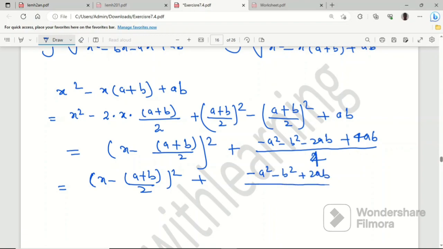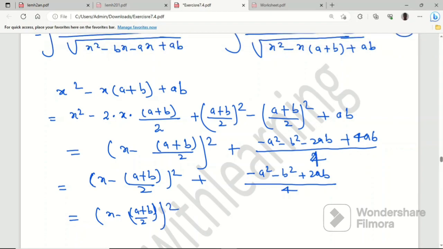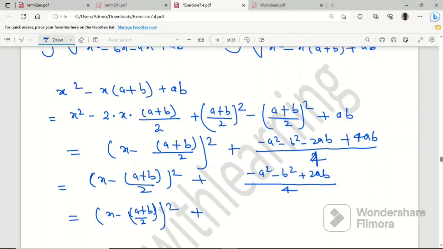So now I can write x minus (a plus b upon 2) whole square. Yes, it is right. Plus I can take minus common so that it will be in a better form. So it will give me a squared plus b squared minus 2ab, minus a squared plus b squared minus 2ab, upon 4.